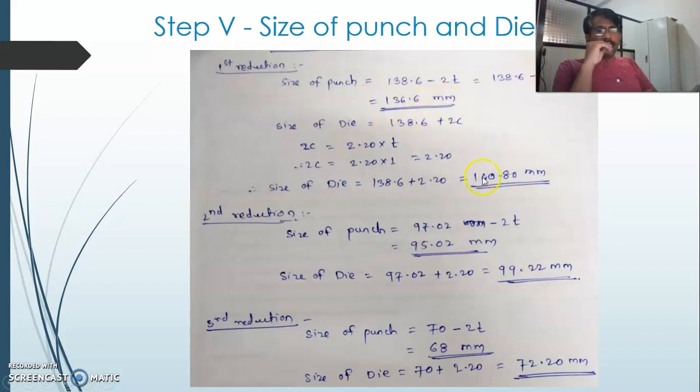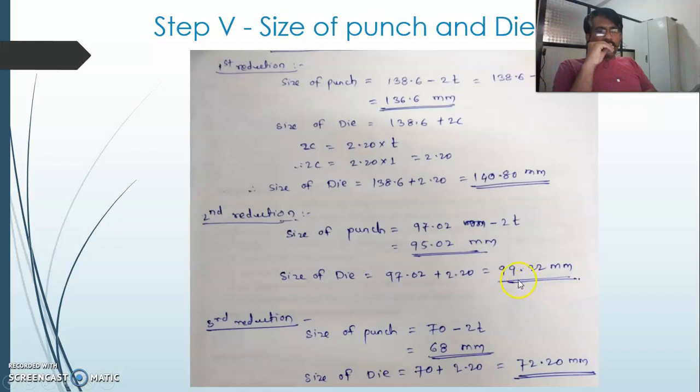Now in the second reduction, the size of the cup in the second reduction is 97.02 minus the 2t, that is the clearance provided on the punch, 2t. So the value becomes 95.02 mm, and the size of the die in this case, so 97.02 is the cup size in the second reduction, plus 2.20 of t, that is, thickness is 1 mm, that's why directly I have written here 2.20.